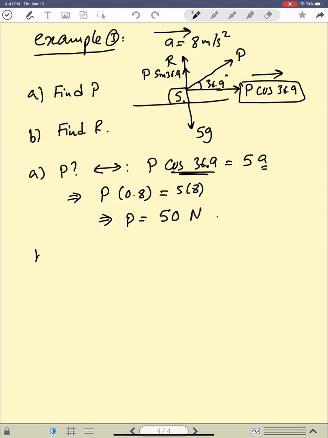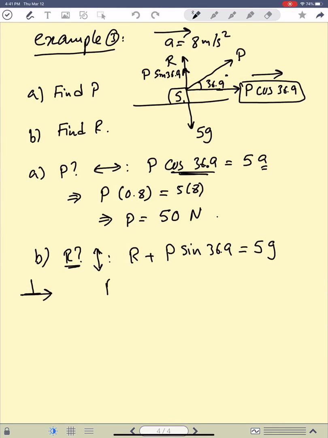To find R, in the perpendicular direction to the plane, or the surface of motion. Here again we have a new component. So R plus P sine 36.9 is equal to 5g. R is what he wants, and P is 50, now we know it.